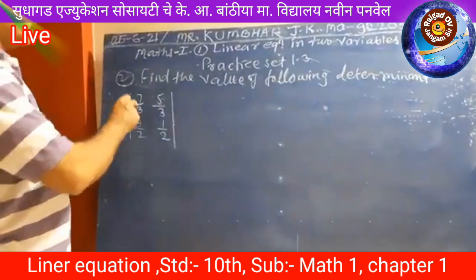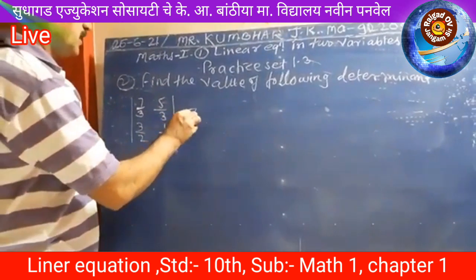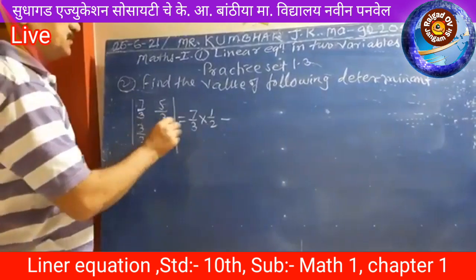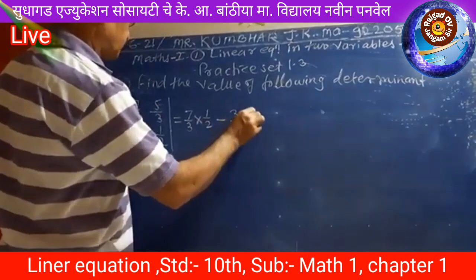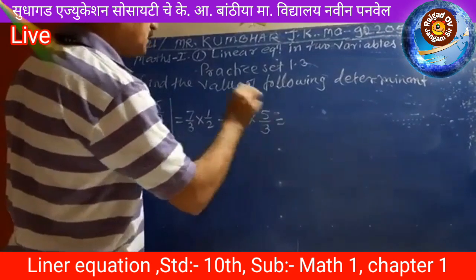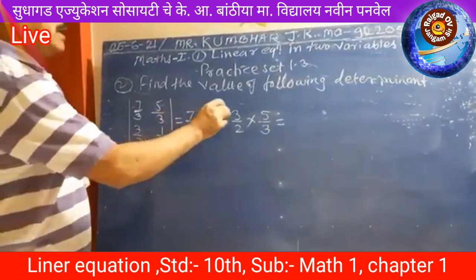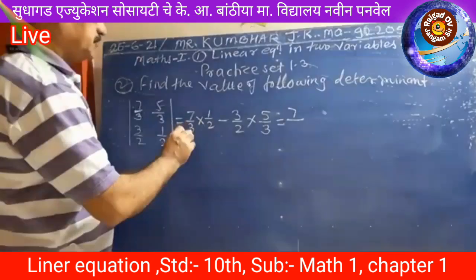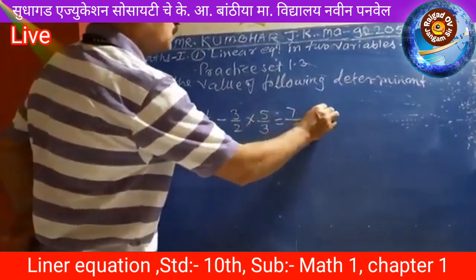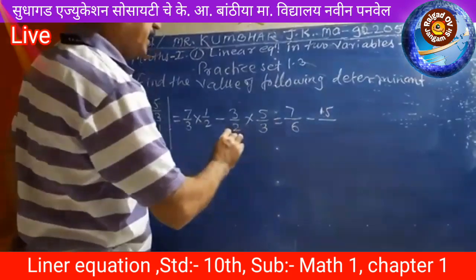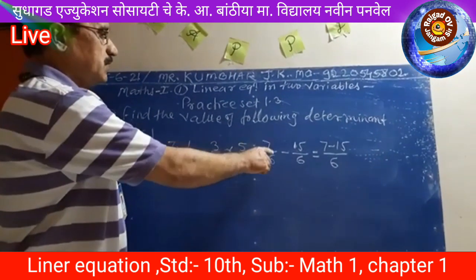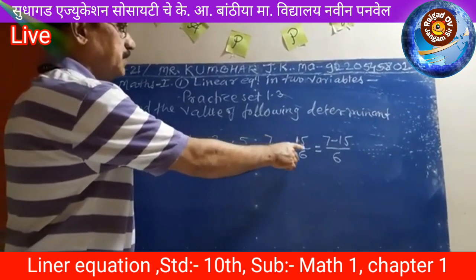Our same formula: 7 by 3 into half minus 3 by 2 into 5 by 3 is equal to 7 into 1 is 7, 3 into 2 is 6, minus 3 into 5 is 15 and 2 into 3 is 6, which is equal to 7 upon 6 minus 15 upon 6.